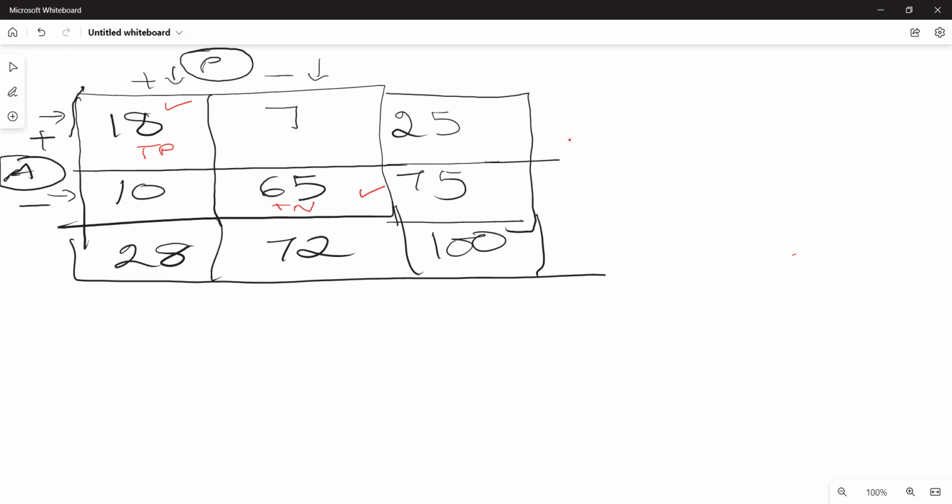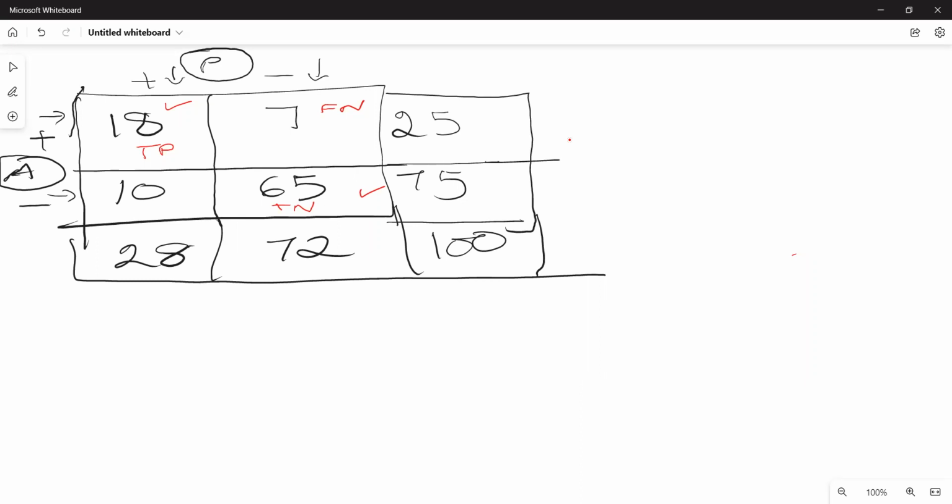Out of 25, they have been predicted as negative. So that means this is a false negative. Whereas the 10, it is the predicted part.